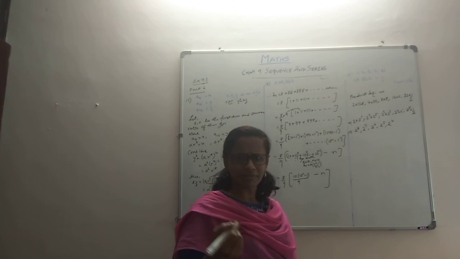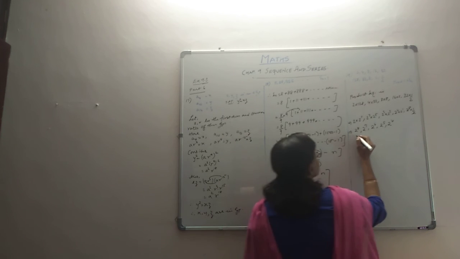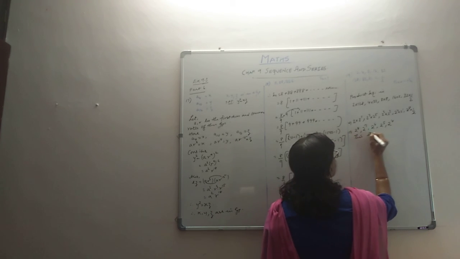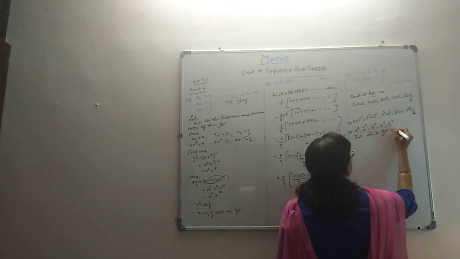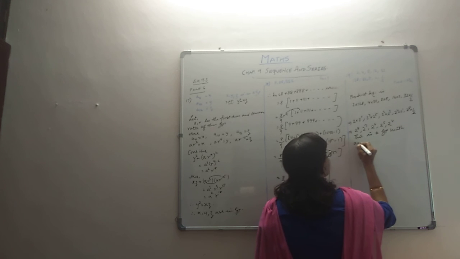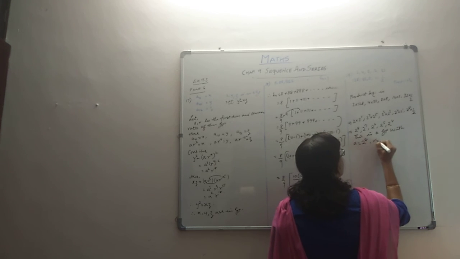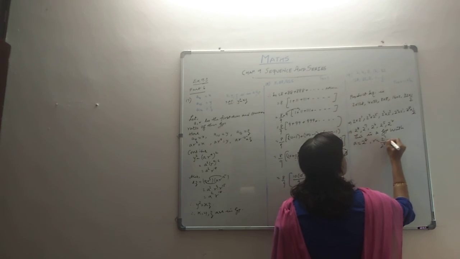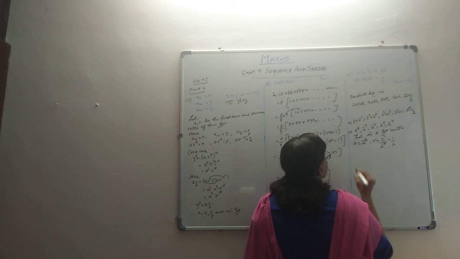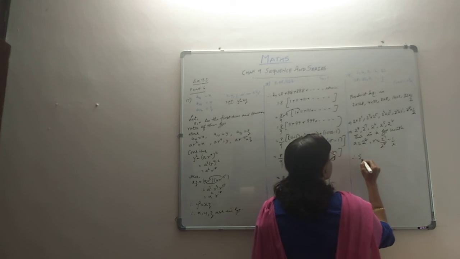So we can find the sum, we have the formula. This is a GP with A as 2 raised to 8 and R as 2 raised to 7 by 2 raised to 8, which is half. Only 5 terms are there.